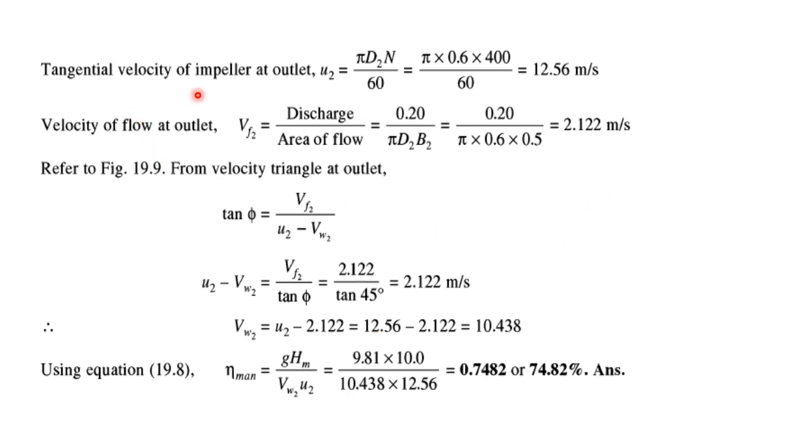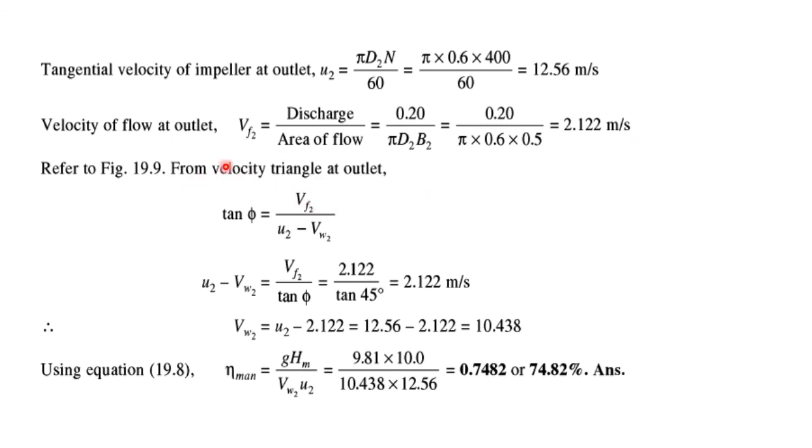So tangential velocity of impeller at outlet is pi d2 N upon 60, that is 12.56 meters per second. Velocity of flow at outlet can be found by dividing the discharge by the area of flow. So that is equal to 2.122 meters per second.